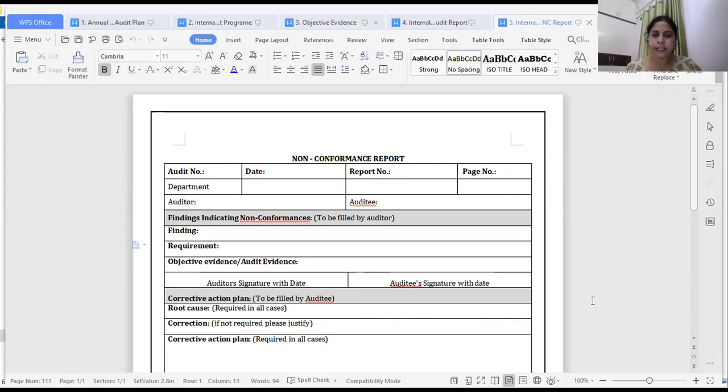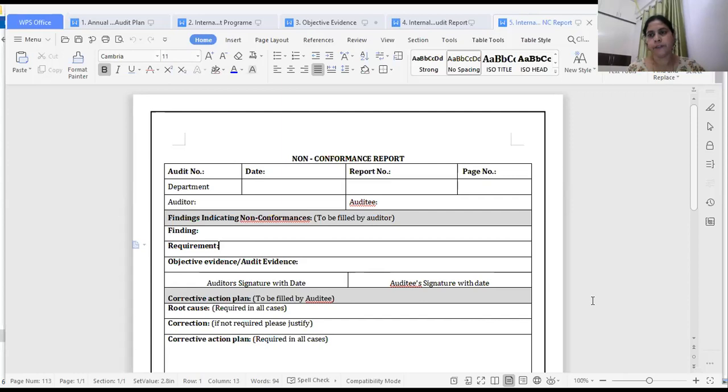Now, the auditee has to fill the corrective action plan for that finding, for that non-conformance. In that, the auditee has to mention the root cause for that finding. Why has it not been completed even after giving a time of 3 audits?